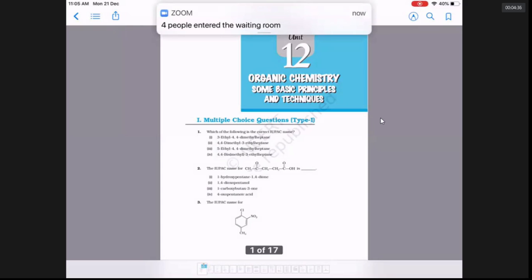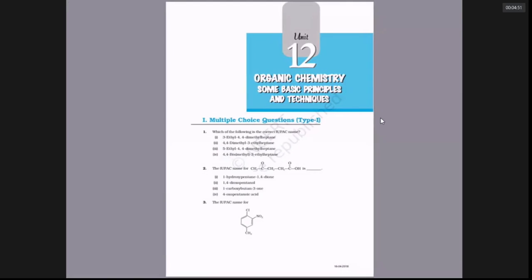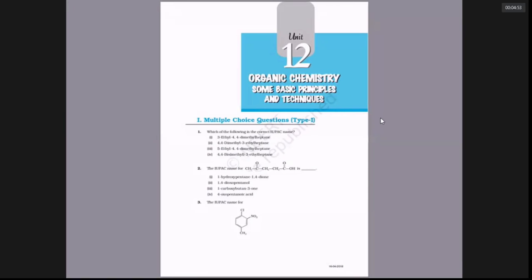So you need to do only two things. One thing is doing NCERT, second thing is doing exemplar.